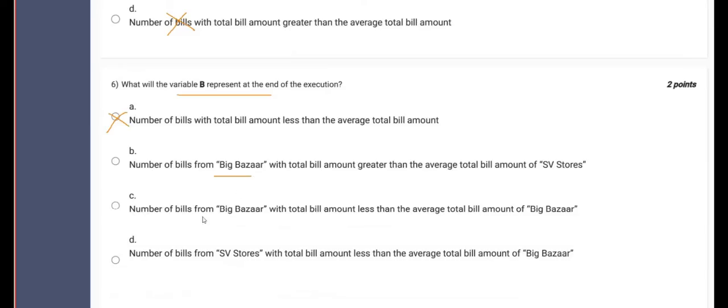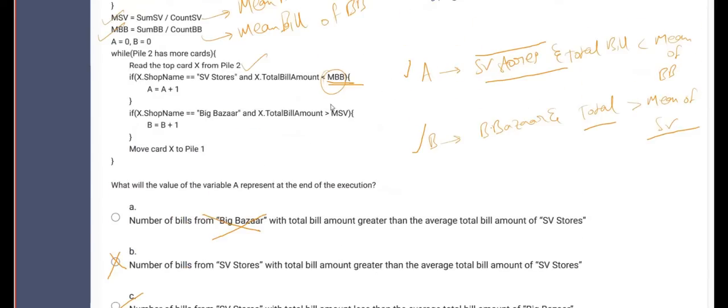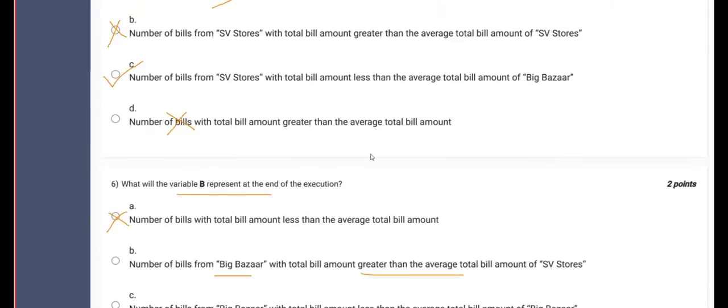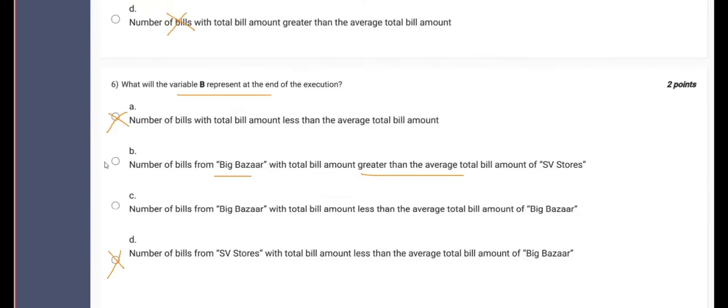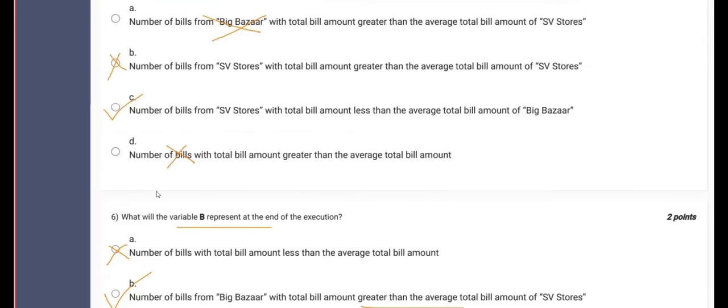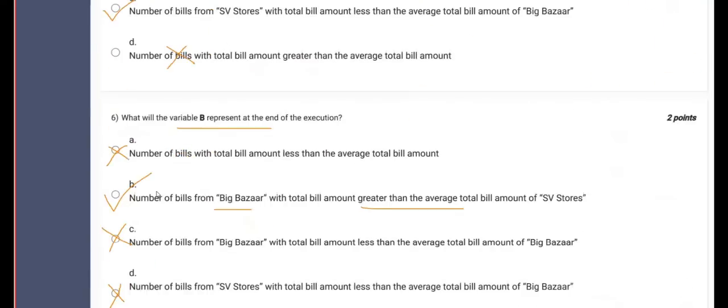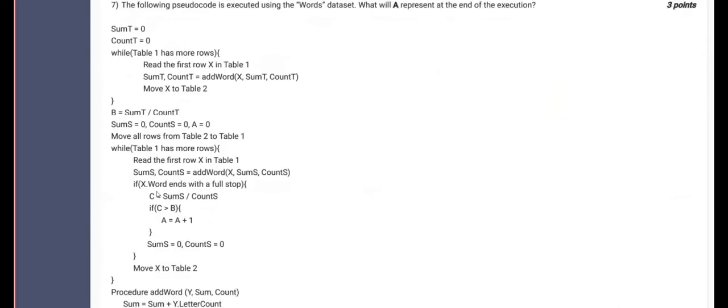From Big Bazaar with total bill amount greater than the average. That is what is present here, right? So option B is the correct answer for question number 6, and option C is the correct answer for question number 5. And now coming to question number 7.